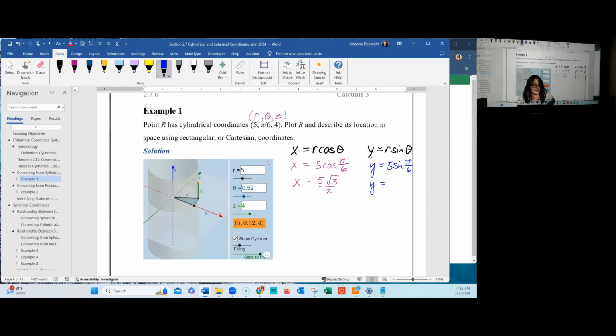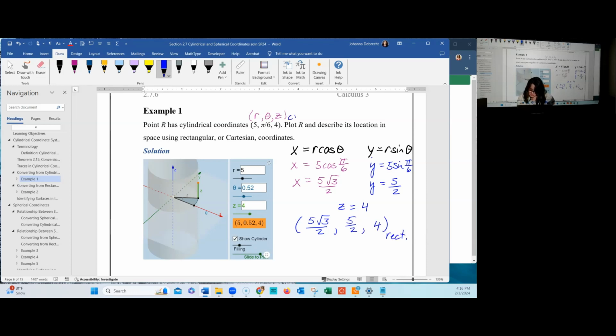So I get y equal to 5/2. Now the z coordinate doesn't change between rectangular and cylindrical, so it's still 4. So my point becomes 5 square roots of 3 over 2, comma, 5/2, comma, 4 in the rectangular system.